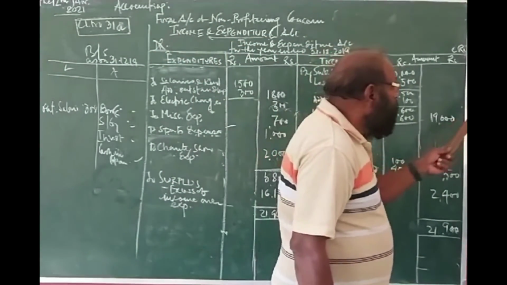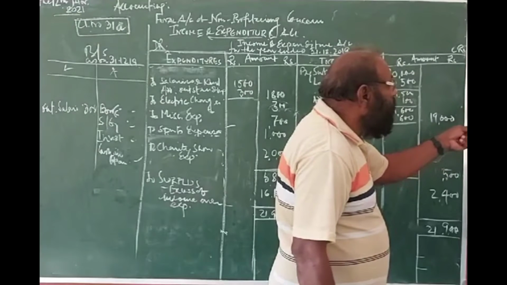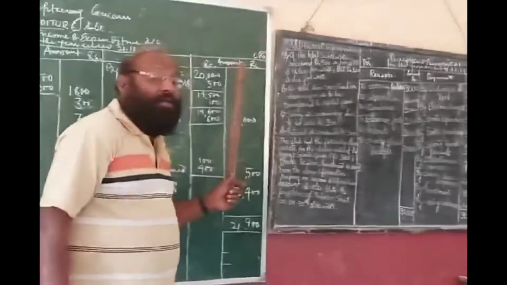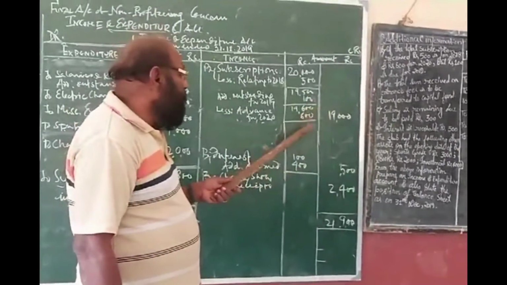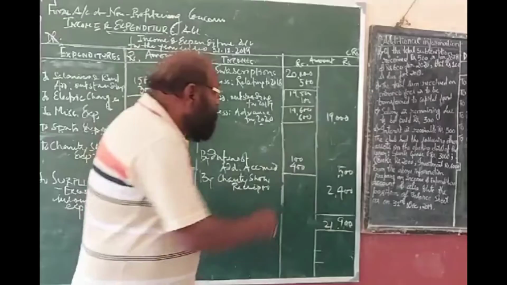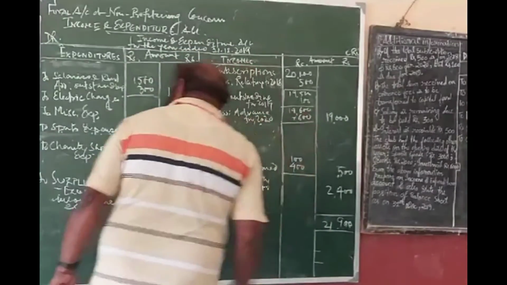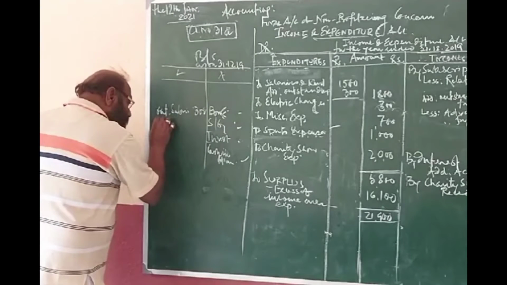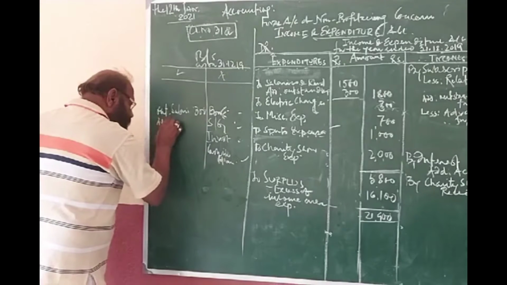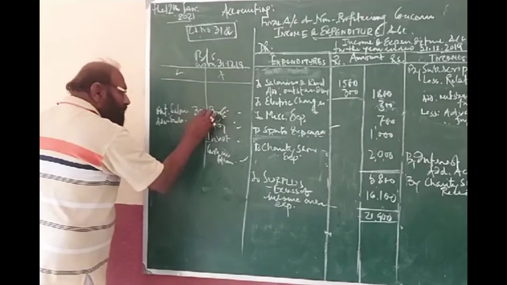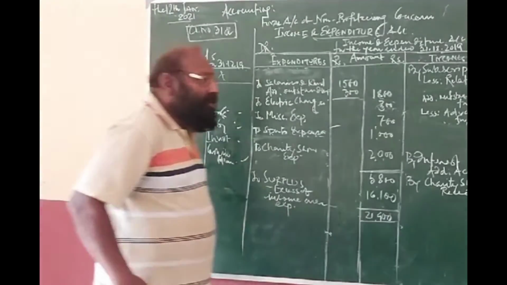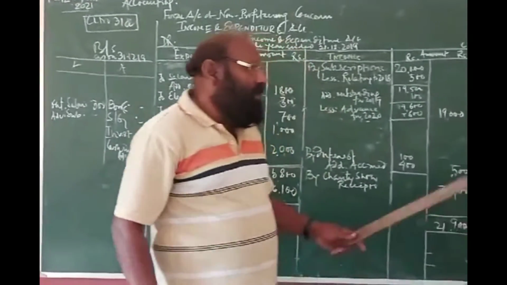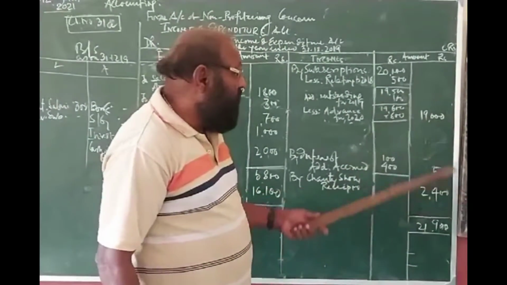Now, rupees 600 for 2020. So you have received rupees 600 for the coming year. So it is not the income of this year. It should be deducted. And this amount will come in the closing balance sheet, as a liability. Advance subscription is your liability because you have received the amount, but the period has not been covered.